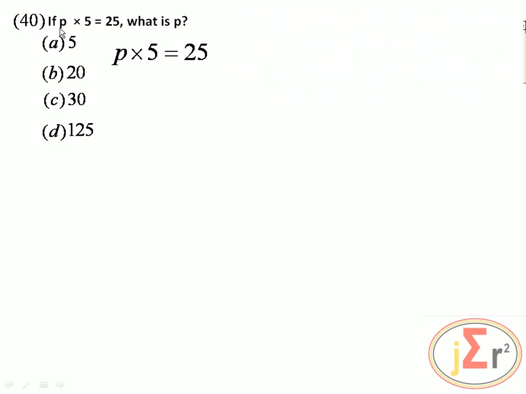Is this number larger or smaller than 25? Smaller. Jerry is saying that it has to be smaller. That is correct. Because if we multiply something by another number and we get a particular number as the answer, then the first number should be less.